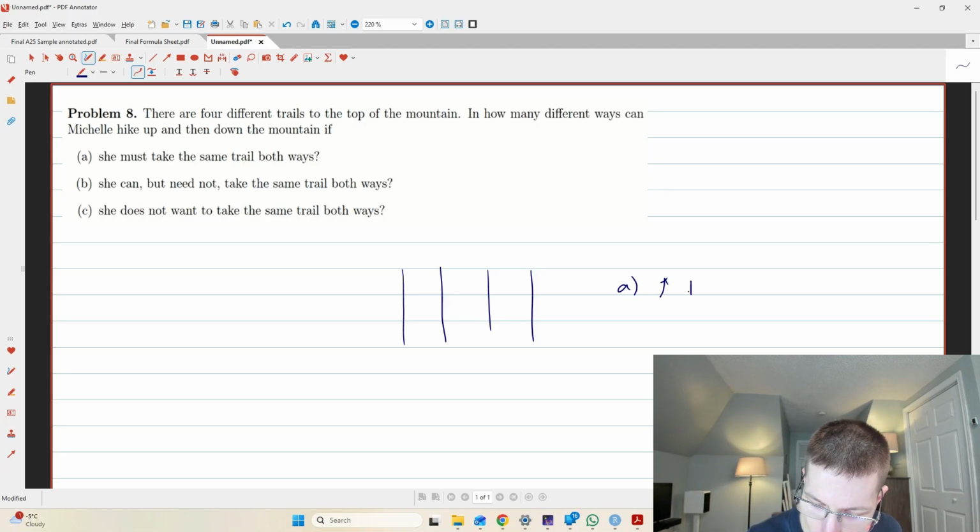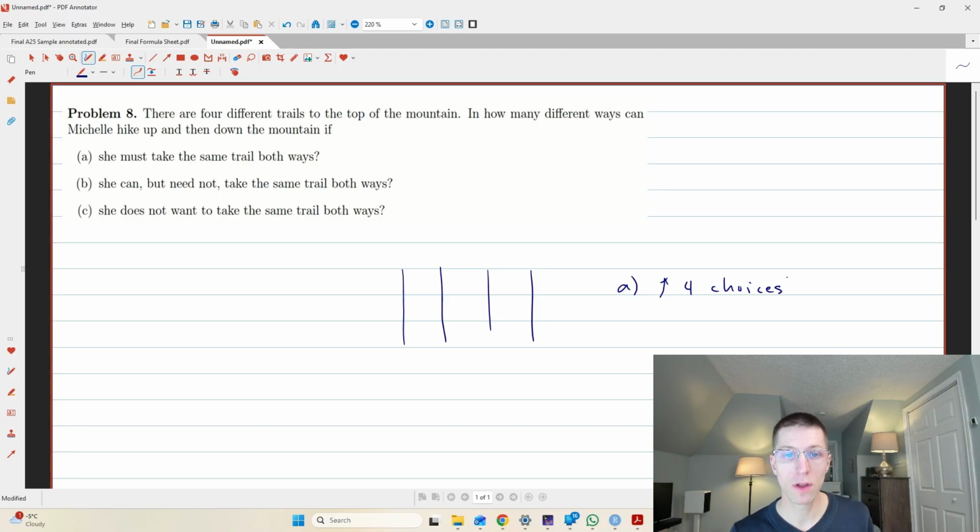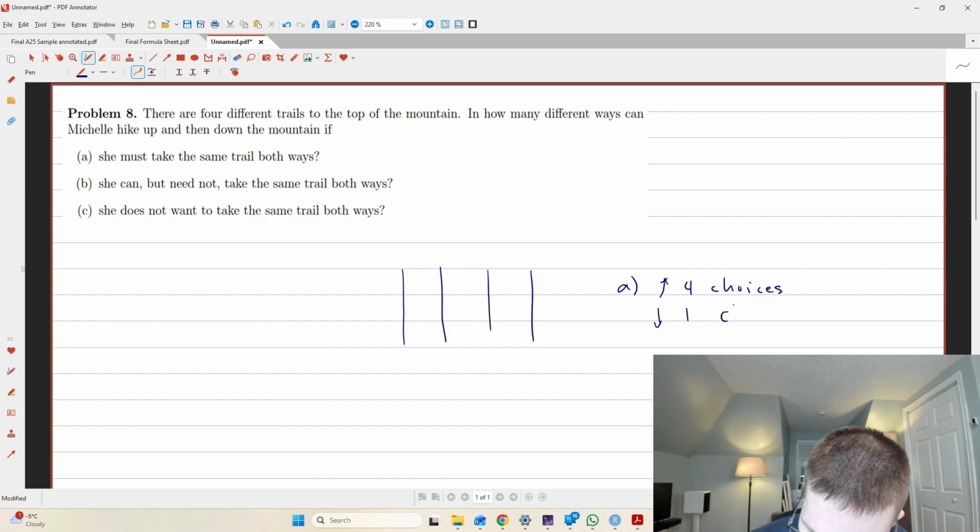But then she has to take the same trail coming down that she took coming up. So that means that on the way down, there's only 1 choice. So that means we have 4 times 1 equals 4 choices.